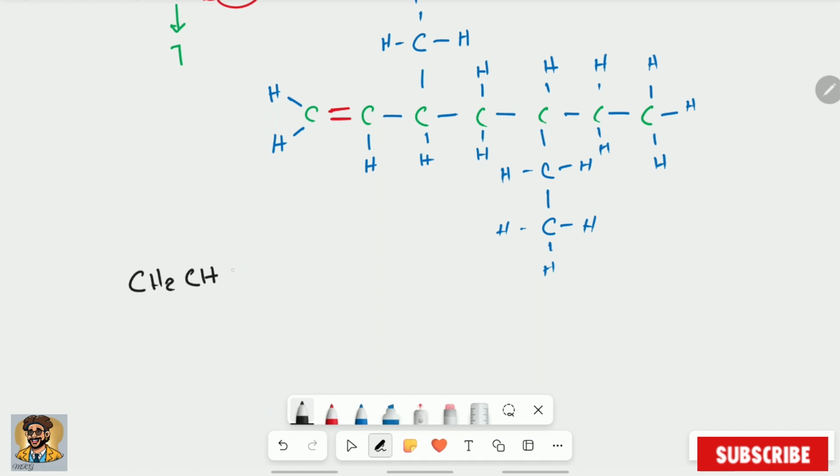Then it's coming CH with a substituent. How do you do that? In a bracket. So inside a bracket I have CH3, then it's coming CH2, then it's coming CH with another substituent which is an ethyl, in a bracket, starting with C, CH2, CH3.